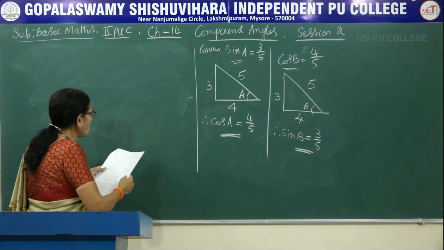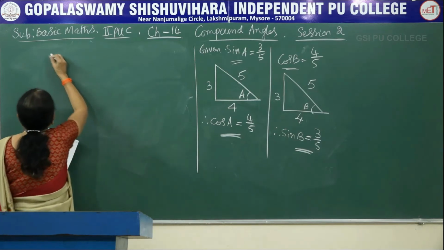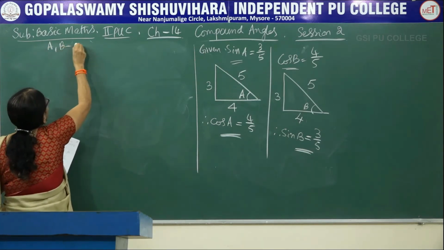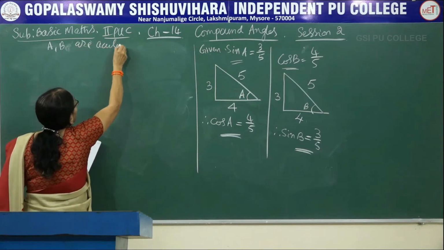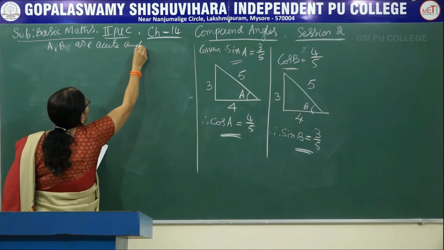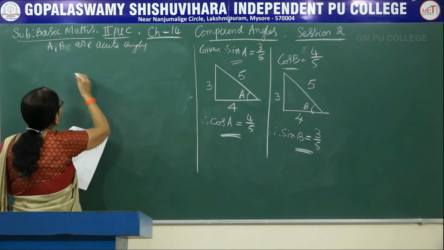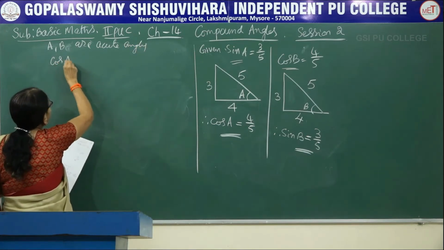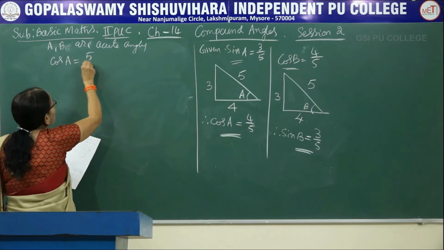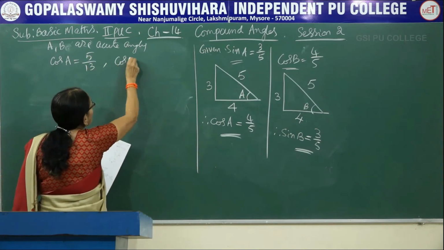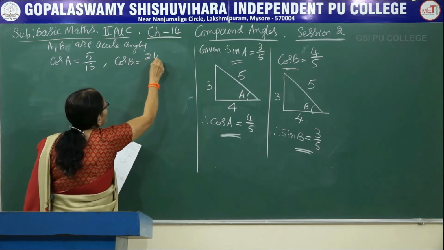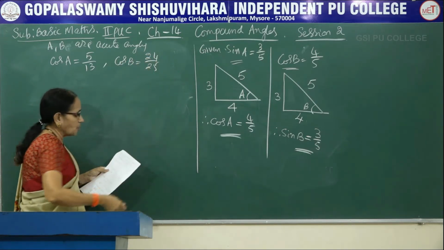If A and B are acute angles, A and B are acute angles, and the data is cos A is 5 by 13 and cos B is 24 by 25.